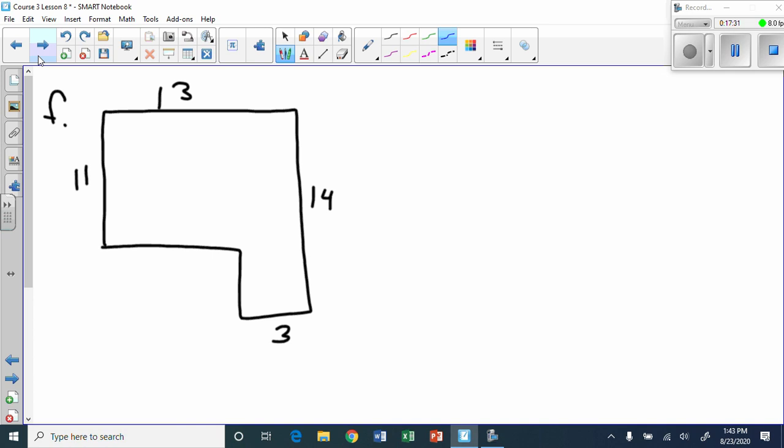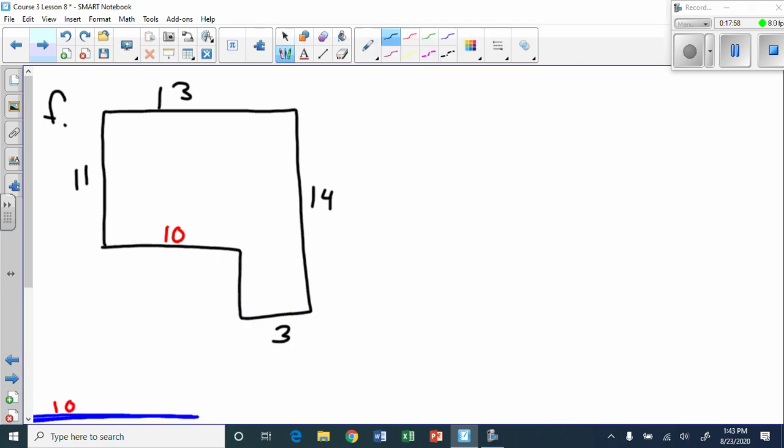Which takes us now to the last one, F. If nothing else, hopefully you got your sides figured out. If I look at this one here, this is 13. So if that piece there is 13, and I bring it down with the parallel sides, and this part is 3, then this part here has to be 10. So this side is 10.